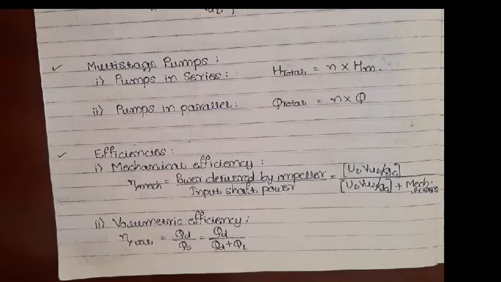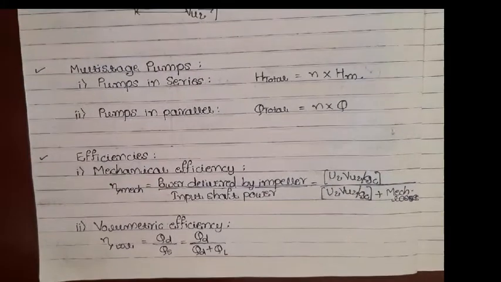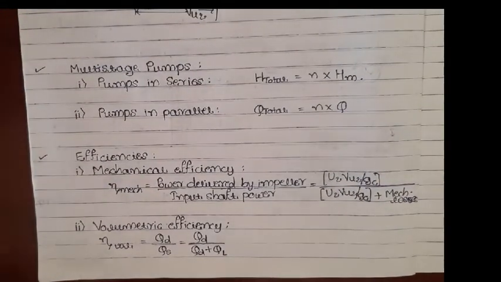Multi-stage pumps are those pumps in which there is more than one rotor, or more than one impeller to be correct. Categorically, there can be a need that we need a very high amount of head to be developed or a very high amount of discharge to be delivered.